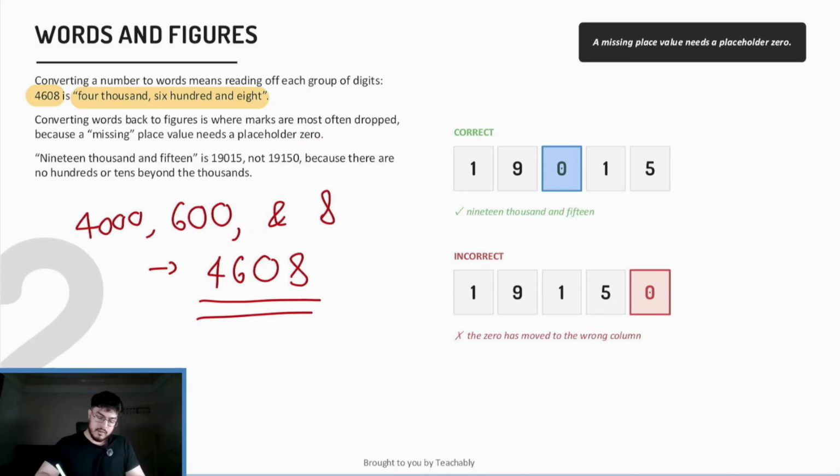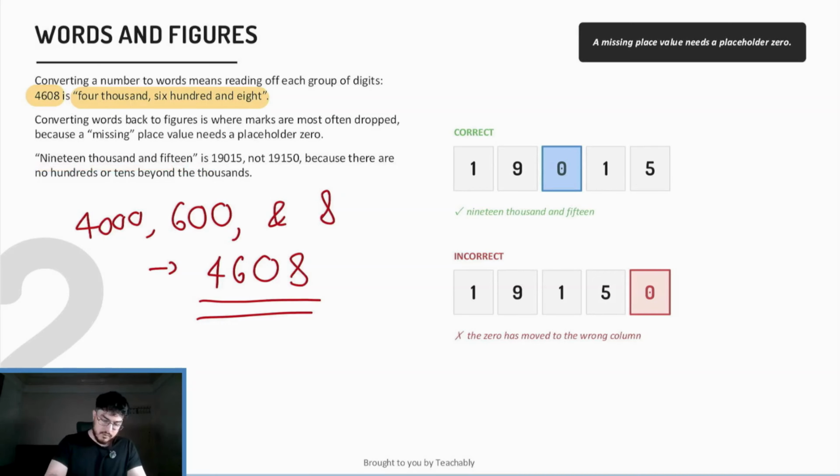And so these are the 10,000s, these are the thousands, these are the hundreds, these are the tens, and these are the units. If we say a word and we miss out the hundreds column in what we're saying, then we're just going to put a 0 there. So this right here, it says 19,000.